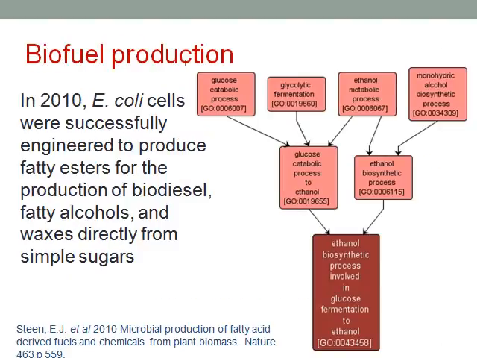Another example is in biofuel production. In 2010, E. coli cells were successfully bioengineered to produce fatty acid esters for the production of biodiesel. Fatty alcohols and waxes can be directly derived from simple sugars, and the process of glucose fermentation can lead to the production of ethanol.